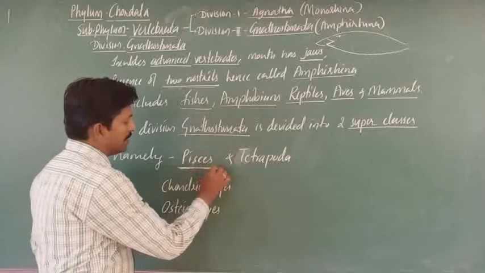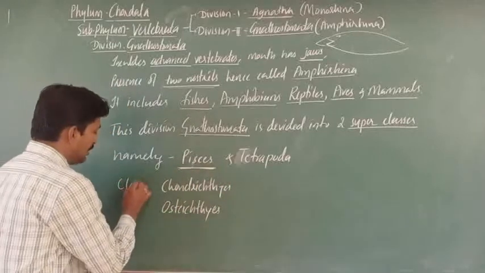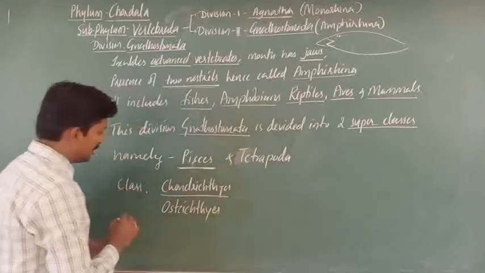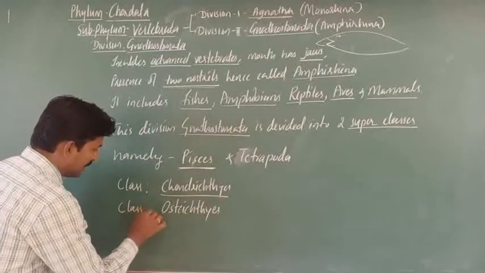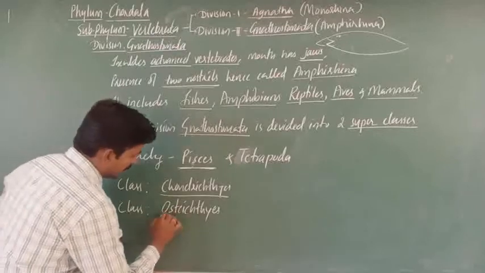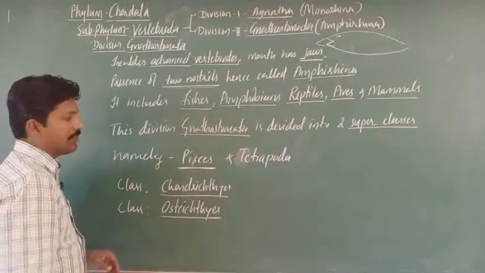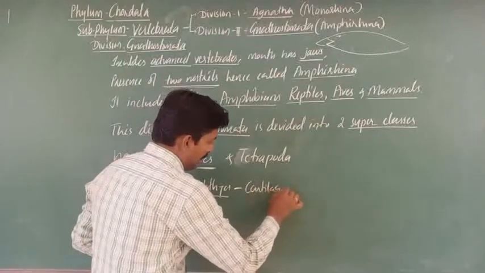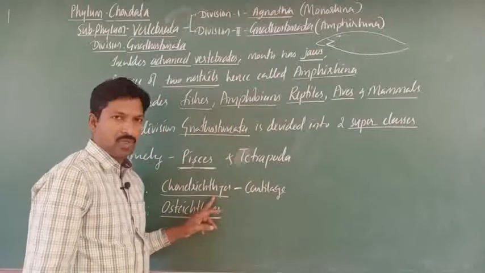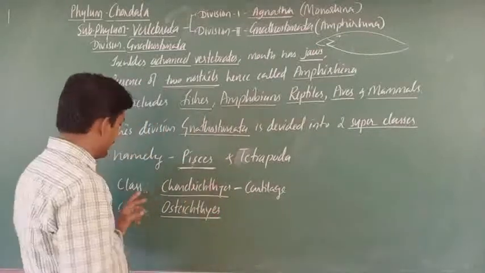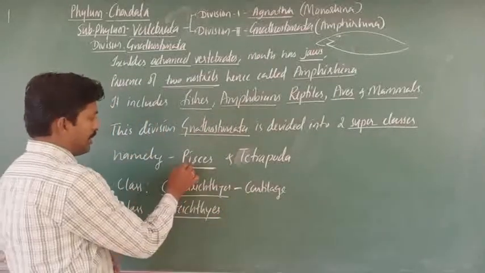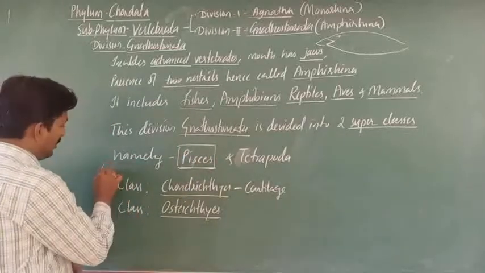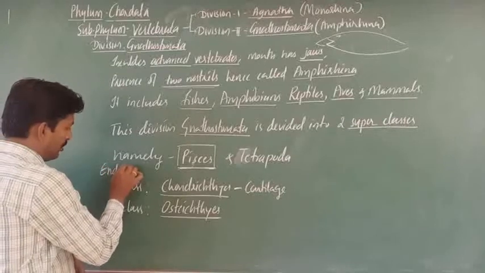The Pisces are classified into class Chondrichthyes and the second class, Osteichthyes. Chondrichthyes is made up of cartilage. Pisces are divided on the basis of the endoskeleton.